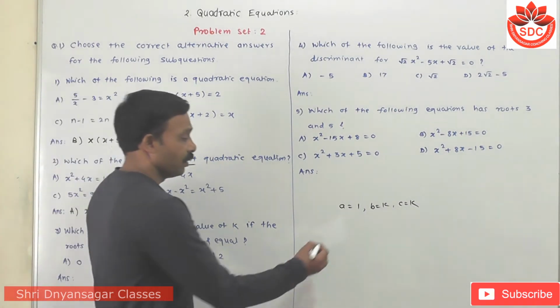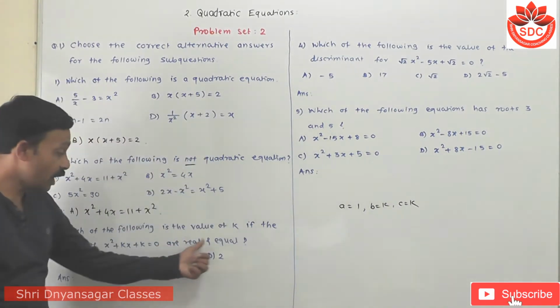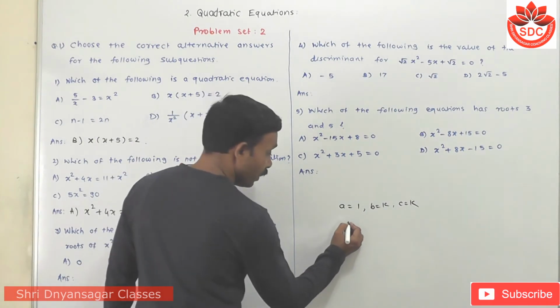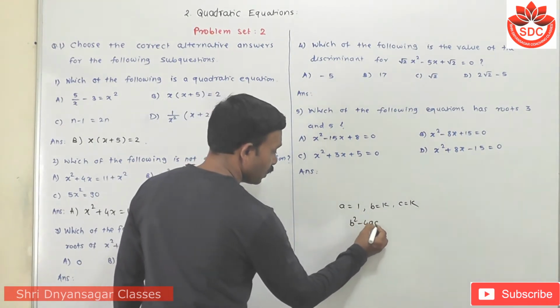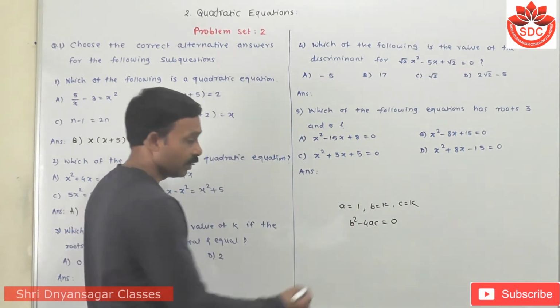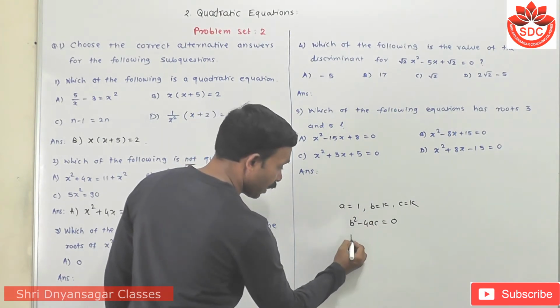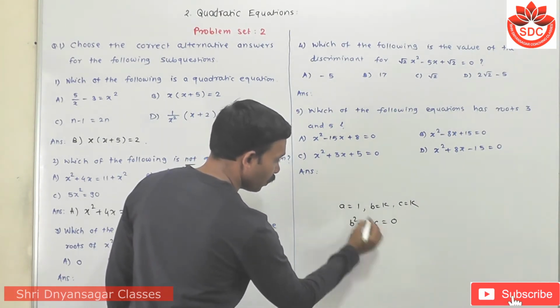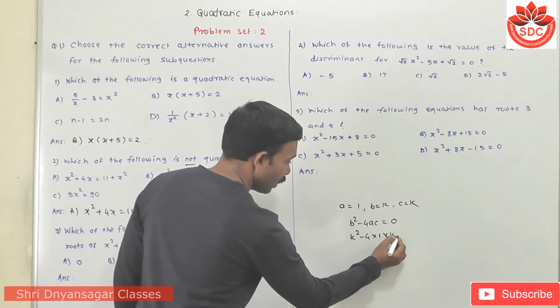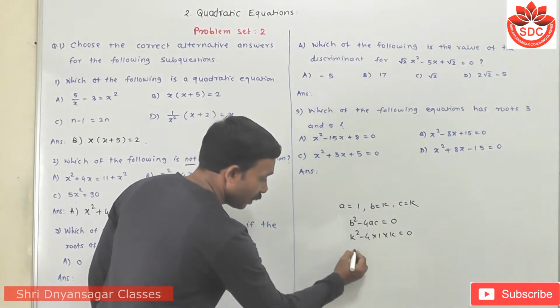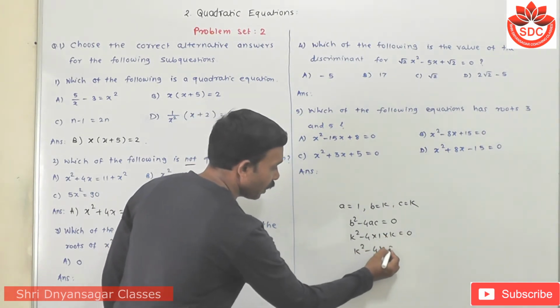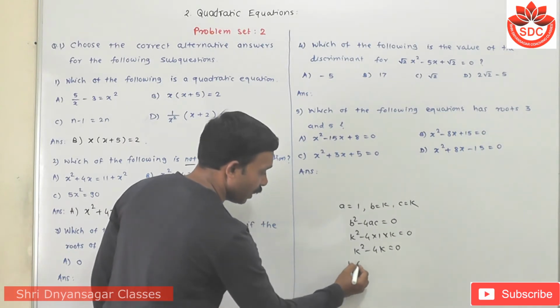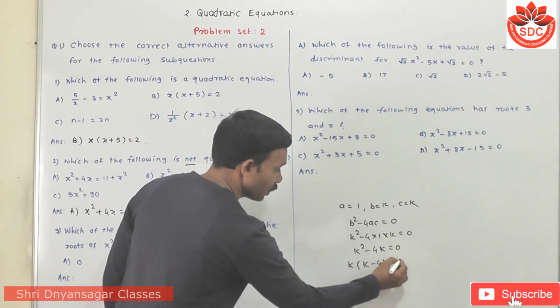Students, then the roots are real and equal, meaning b square minus 4ac is equal to 0. Then we substitute the values: k square minus 4 into 1 into k is equal to 0. Then k square minus 4k is equal to 0. Take k common here: k into k minus 4 is equal to 0.